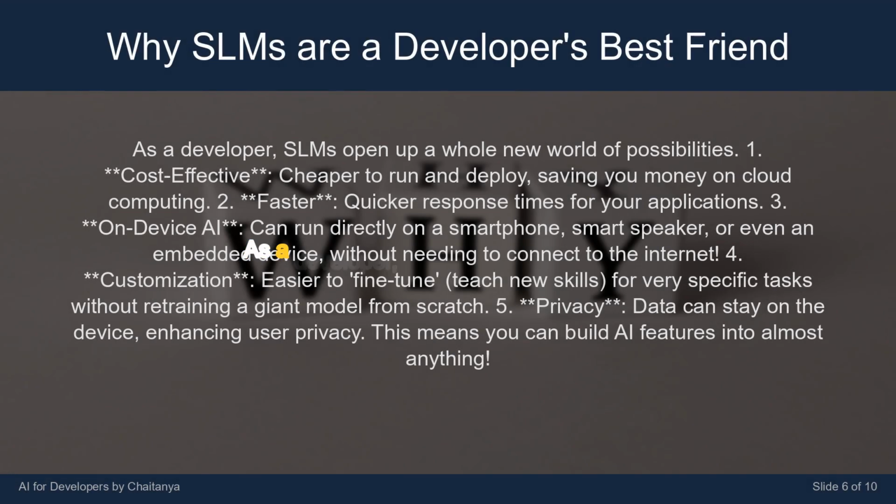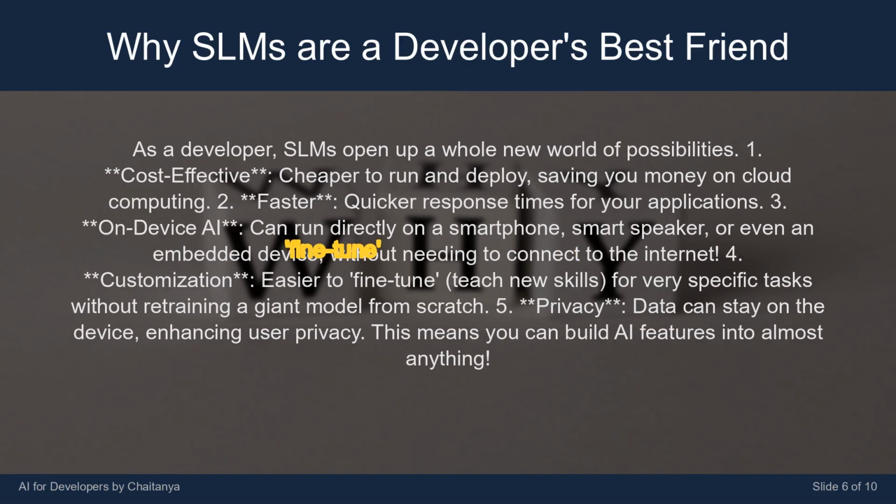As a developer, SLMs open up a whole new world of possibilities. 1. Cost-effective, cheaper to run and deploy, saving you money on cloud computing. 2. Faster, quicker response times for your applications. 3. On-device AI, can run directly on a smartphone, smart speaker, or even an embedded device, without needing to connect to the internet. 4.